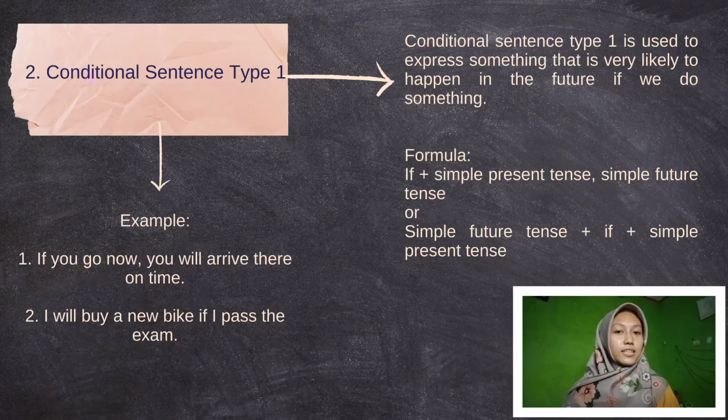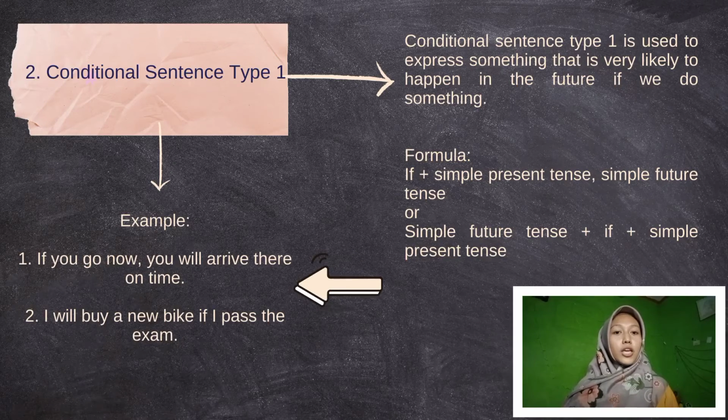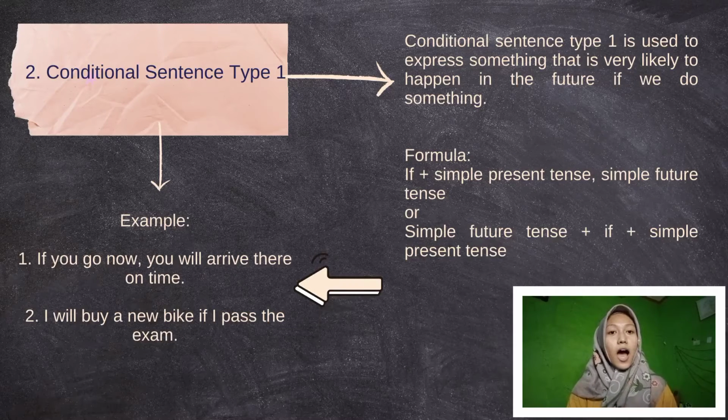And the formula is if plus simple present tense, simple future tense, or simple future tense plus if plus simple present tense. And the example is, if you go now, you will arrive there on time. And the second example is, I will buy a new bike if I pass the exam.